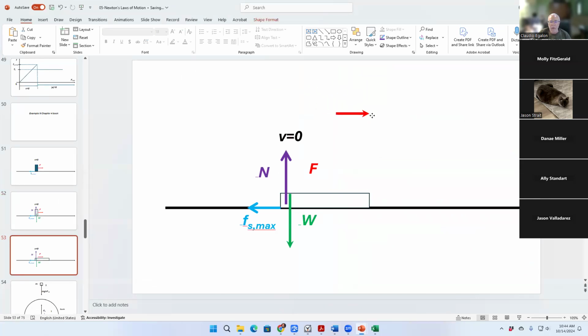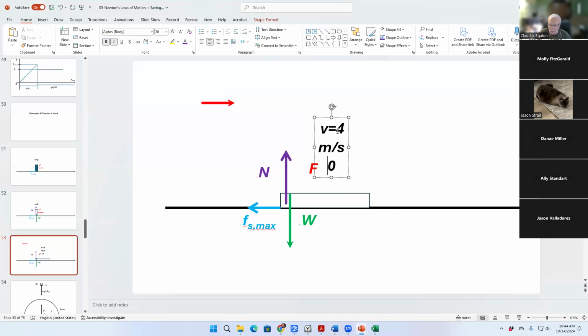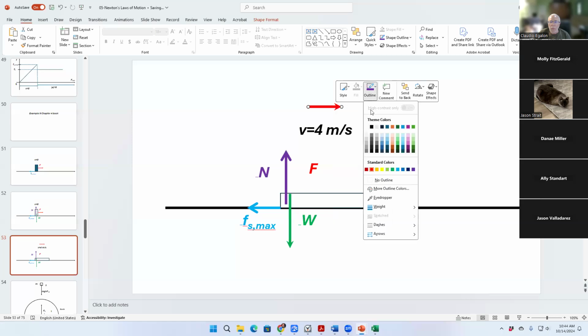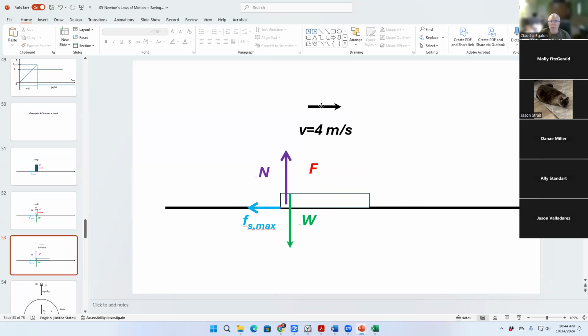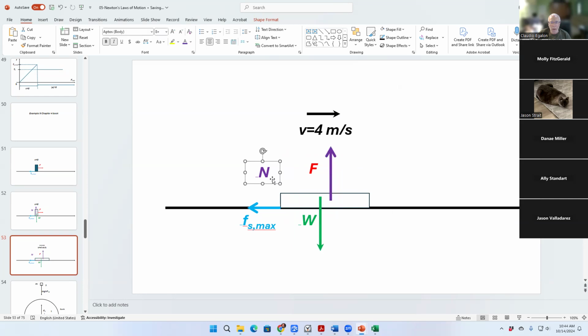Okay, so initially it's moving with this initial velocity, 4 meters per second. We do know that there is a normal, like before, and there is a weight as well.